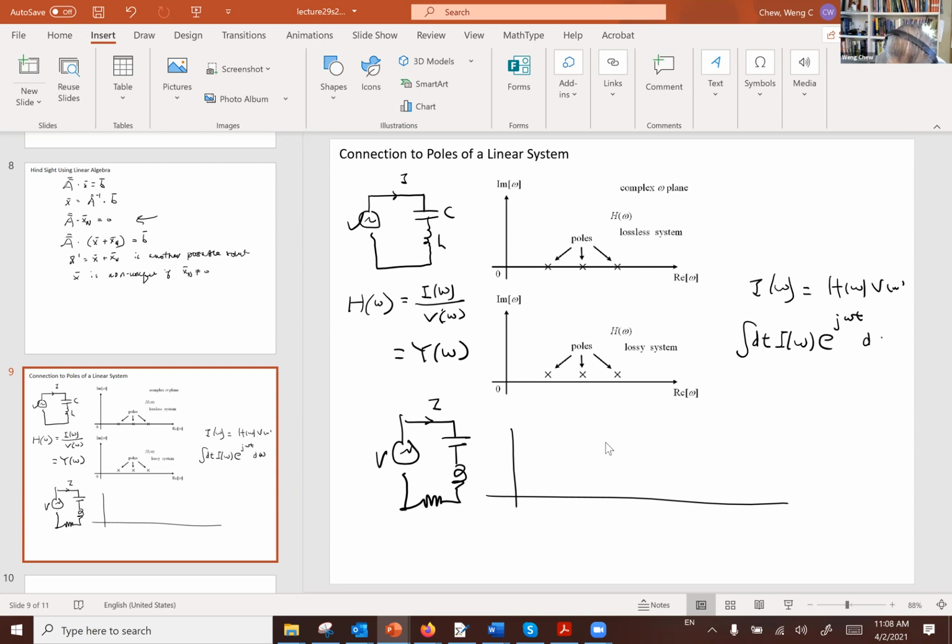Sorry, I have to do a d omega integration instead of dt. Okay, and then you will have to define this inversion contour. And this is actually equal to the integral of d omega, H of omega, V of omega, e to the j omega t.